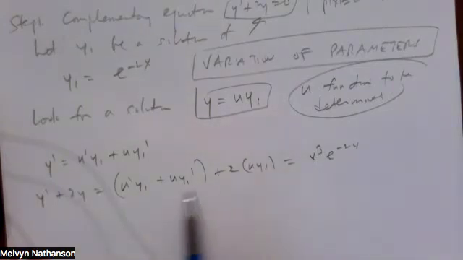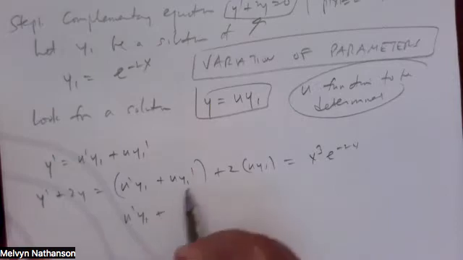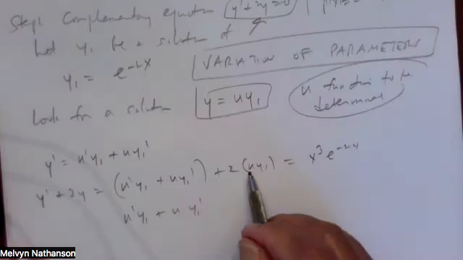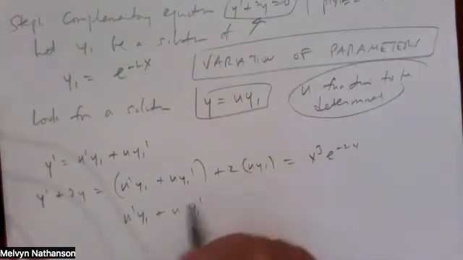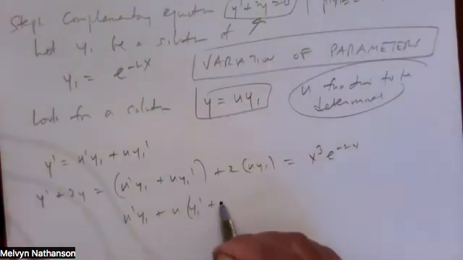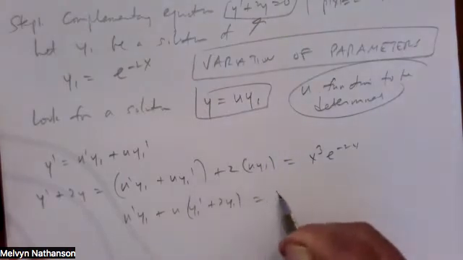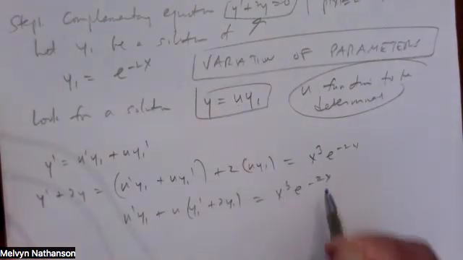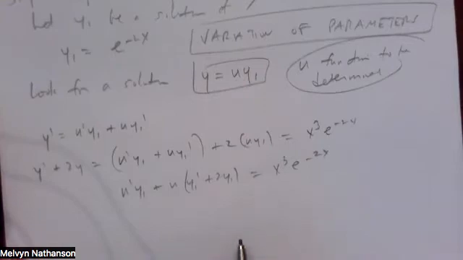If you look at this for a moment, you have u prime y1 plus u y1 prime plus 2u y1; I factor out the u, y1 prime plus 2y1 equals x cubed e to the minus 2x. Right? I just rearranged this equation.